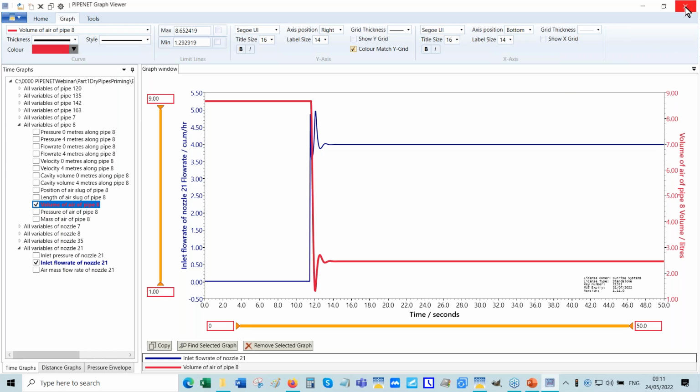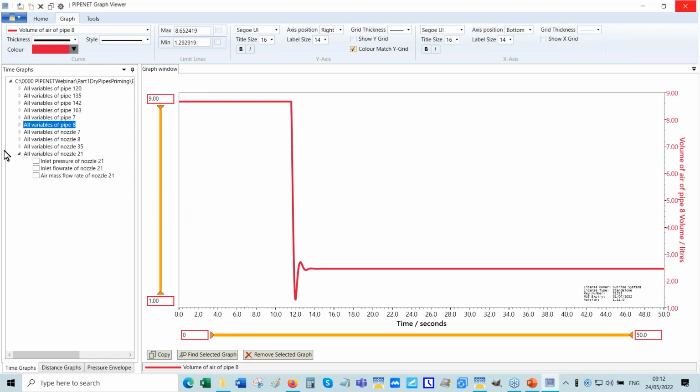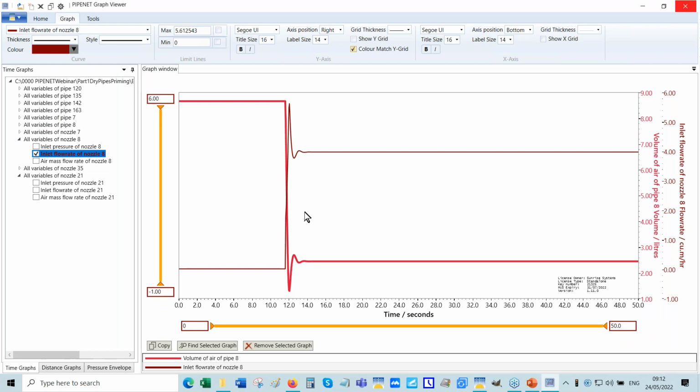So let me now remove nozzle 21 and show nozzle 8. Now, you would see what you would expect, when the air in pipe 8 gets compressed and so on, it creates some oscillations in the nozzle here.